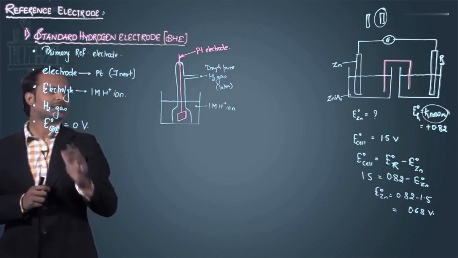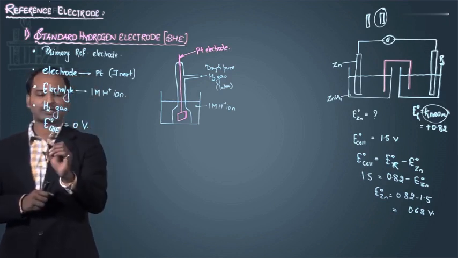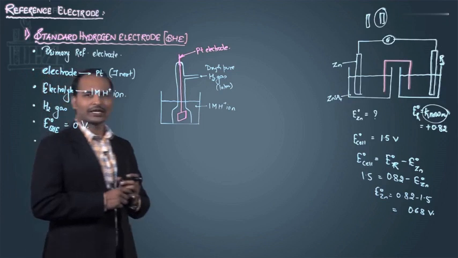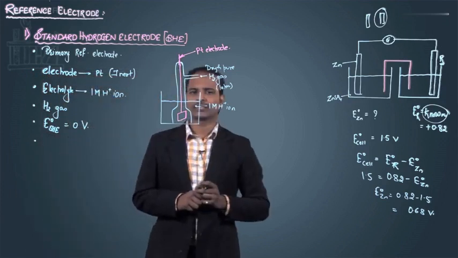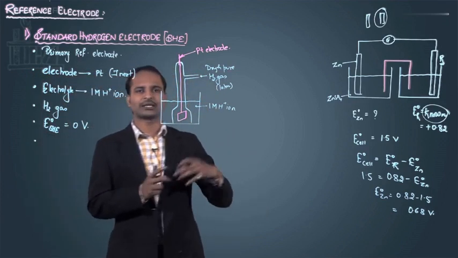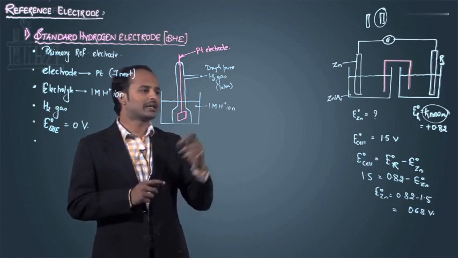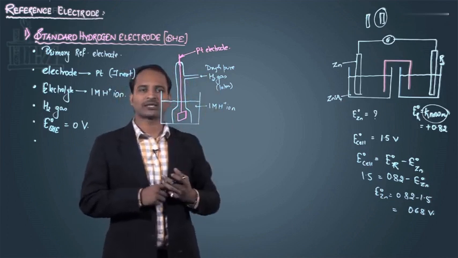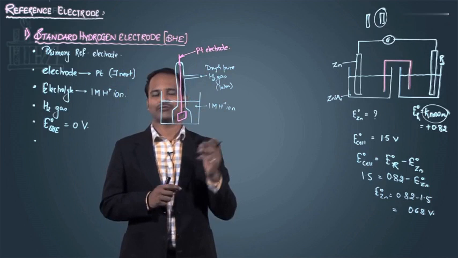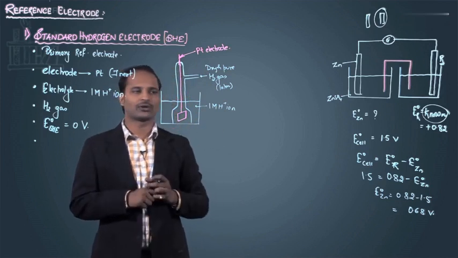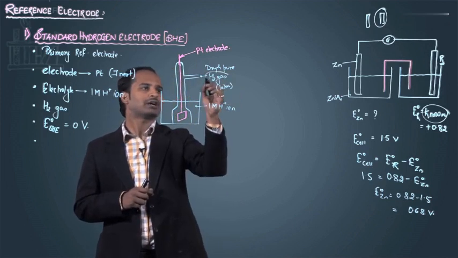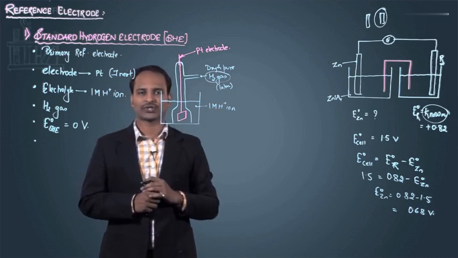Then, how is it represented? For writing a single electrode, first we write its ions and then the electrode. But in addition to ions and electrode, if there is some gas or salt taking part in the reaction, then we mention that gas or salt also. Here a hydrogen gas is taking part in the reaction.